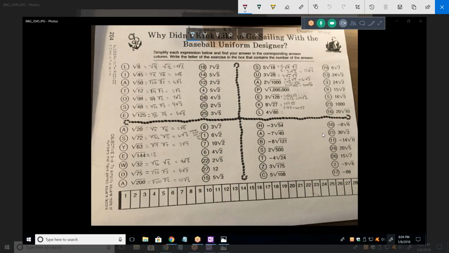Now, the ultimate key is to find factors of 80 where you get the maximum perfect square factor. Sometimes there can be more than one perfect square factor. Let's just start there. Over here on the left, I'm going to factor 80. Tell me how to factor 80.